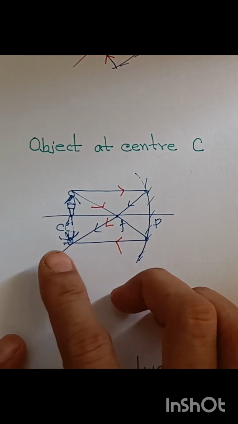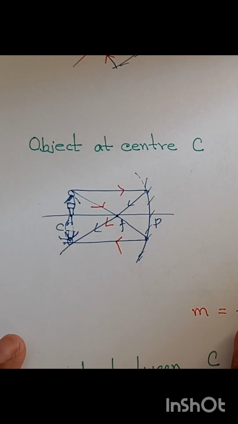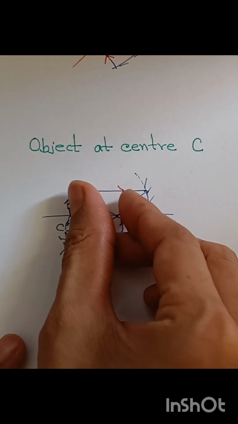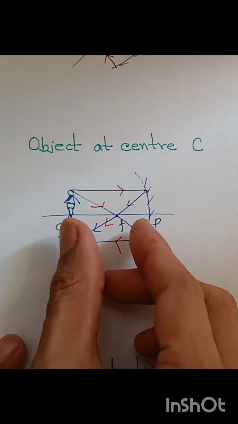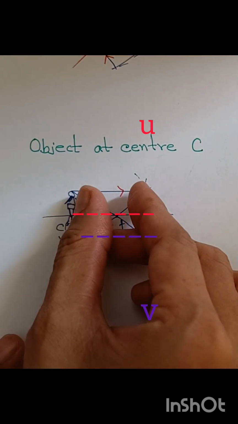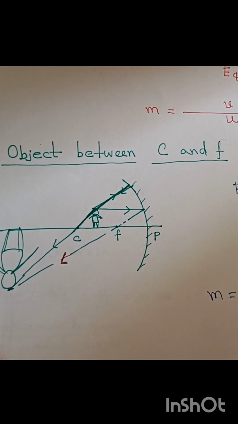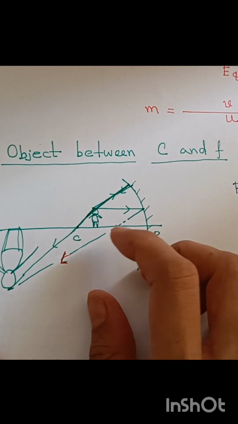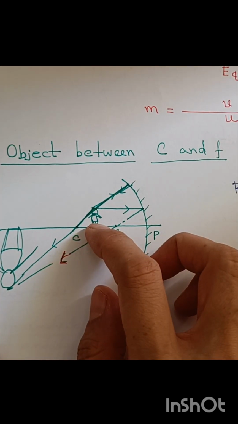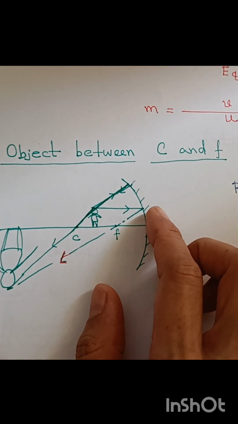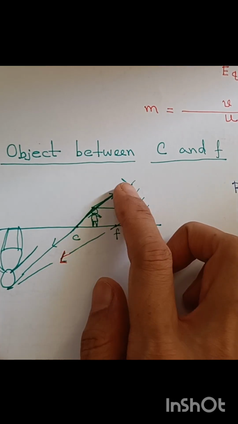The image is forming in front of the mirror, so it is real, and under the principal axis, so it will be inverted. The image distance and object distance are equal. So the object is between C and F. See, this is the object, and these are the two rays.